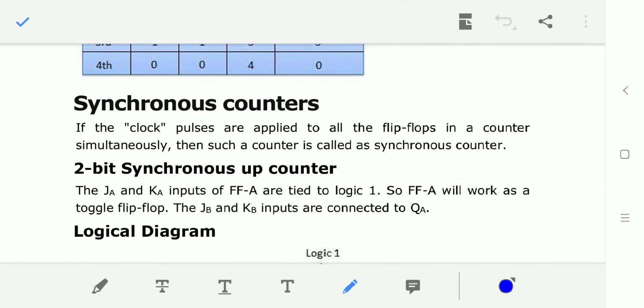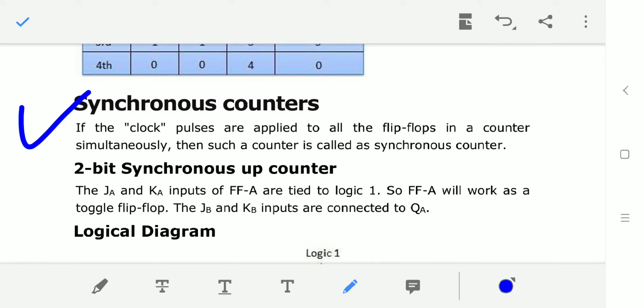Next is synchronous counters. If the clock pulses are applied to all the flip-flops in a counter simultaneously, then such a counter is called a synchronous counter. In a 2-bit synchronous up counter, the JA and KA inputs of FFA are tied to logic 1.